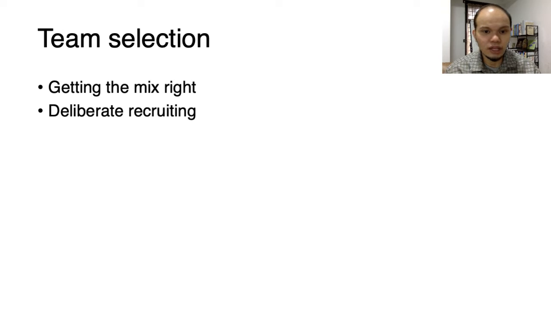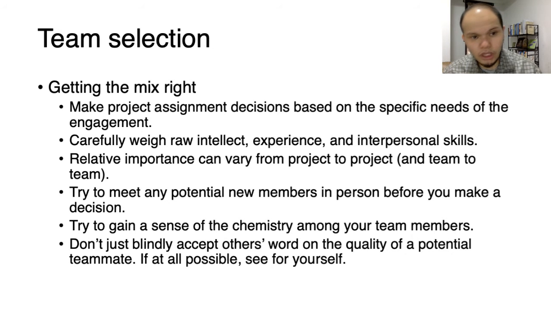Okay. Now, when we talk about getting the mix right, we make project assignment decisions based on the specific needs of the engagement. It sort of makes sense. I mean, you always take a look at what the team is about, and then you select members who would be able to accomplish the objectives of that team. And just like any other team selection, you carefully weigh raw talent, experience, interpersonal skills, among other things.